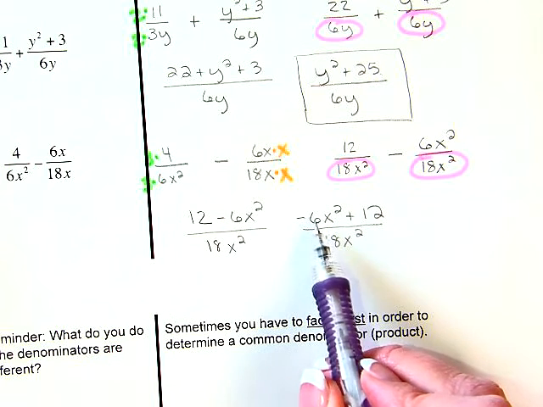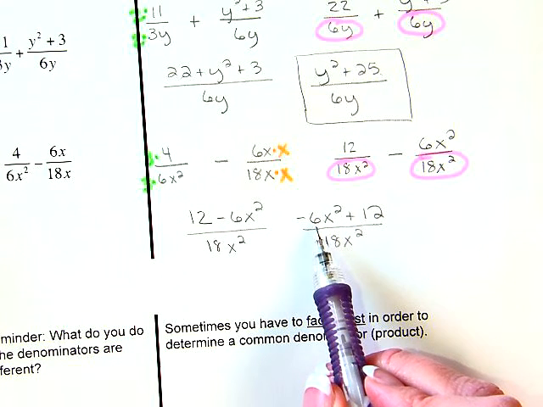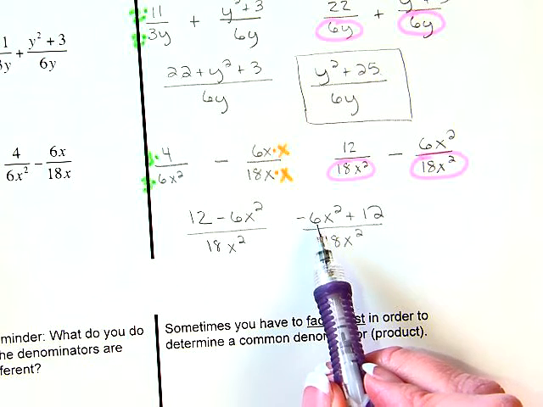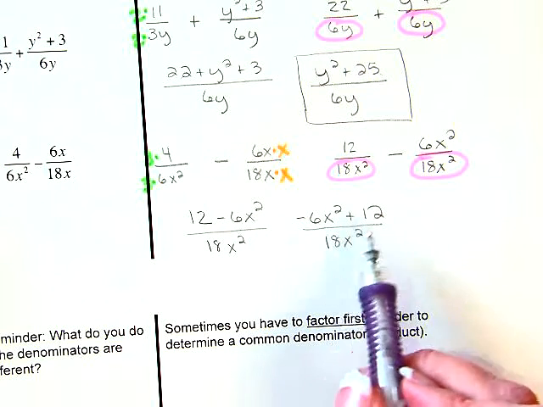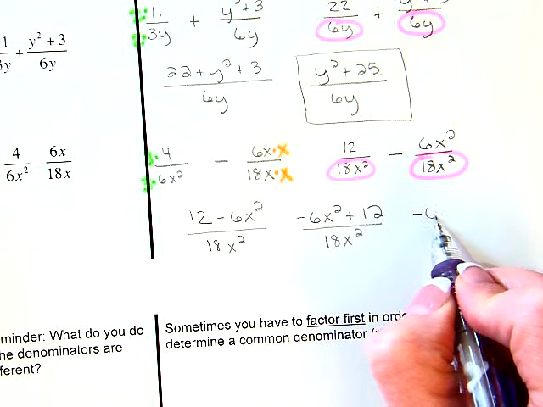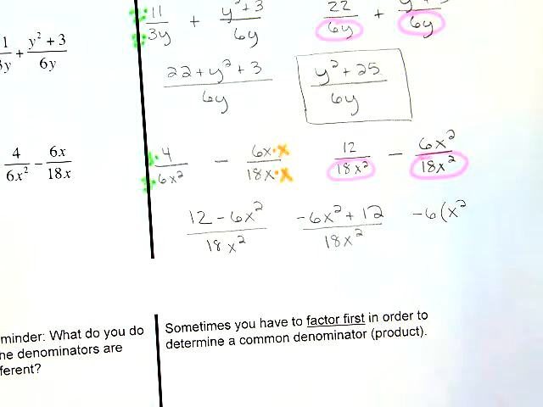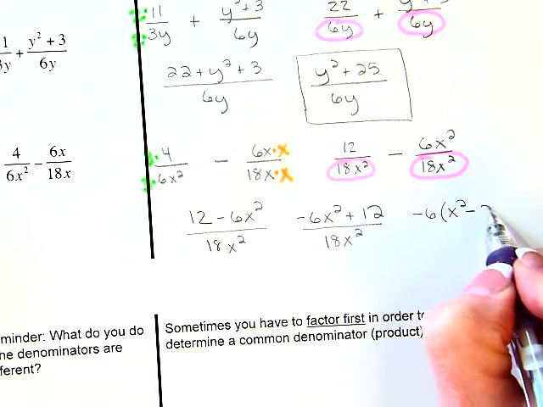Now, because the lead coefficient is negative, and in math we don't really like a negative lead coefficient if possible, we can manipulate that. So I'm actually going to factor out a negative 6, which leaves us with x squared minus 2.